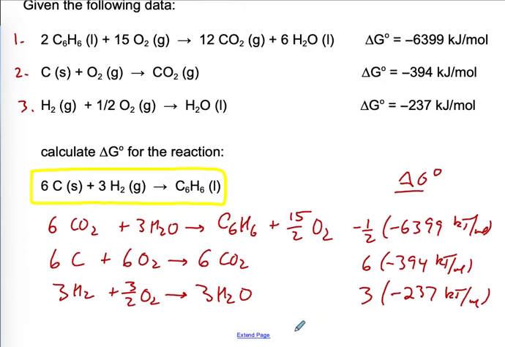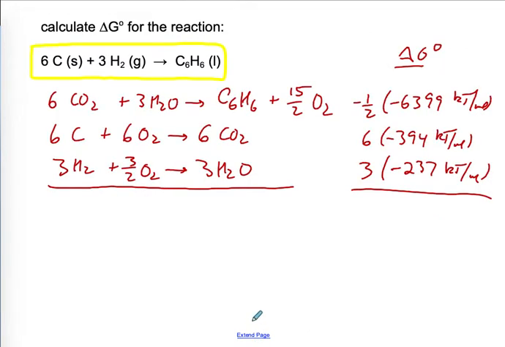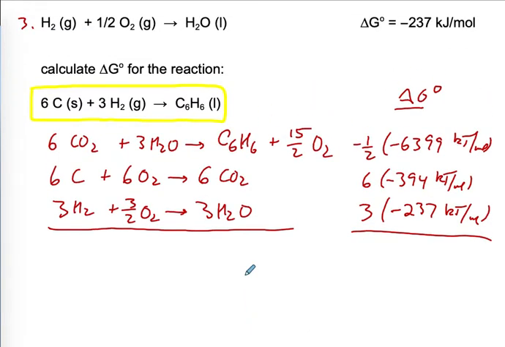Now, let's see if we did this correctly. If I add these 3 equations together to see what cancels, I see that, get my canceling pen, 6 moles of carbon dioxide cancel 6 moles of carbon dioxide. Oh, let's see, 3 moles of water cancel 3 moles of water.